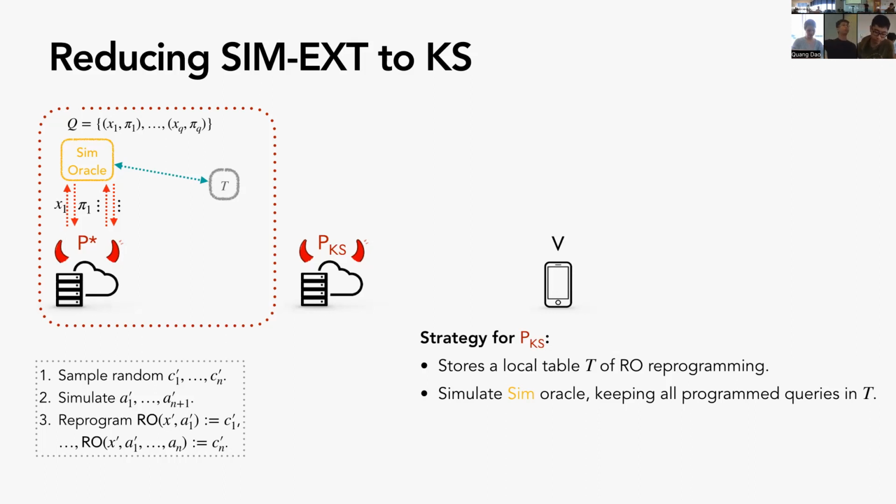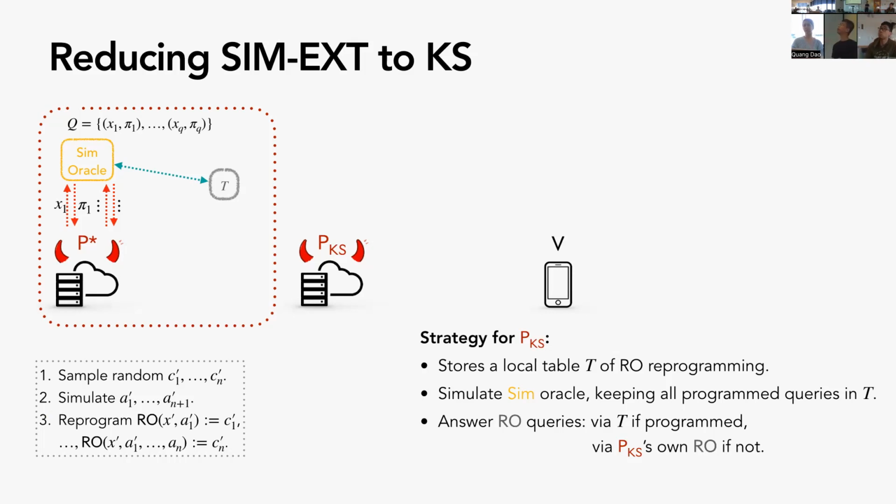They sample random challenges first. They compute the proof based on these random challenges. And finally, they reprogram for each proof prefix the random oracle to be equal to the challenges that it has chosen in step one.